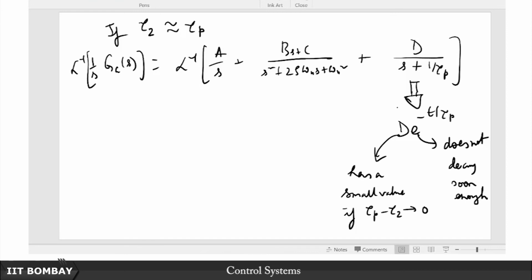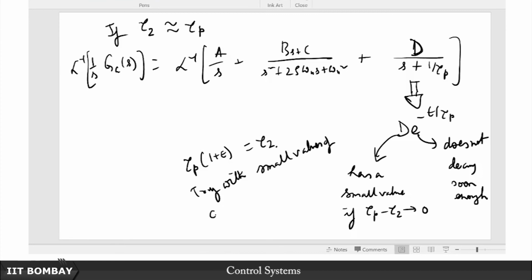You can just try checking the value of this residue. First you take, let us say, tau p into (1 plus epsilon) equal to tau z, and try with small values of epsilon, say epsilon equal to epsilon 1, epsilon 2, and so on.